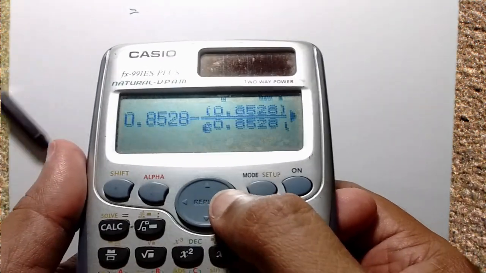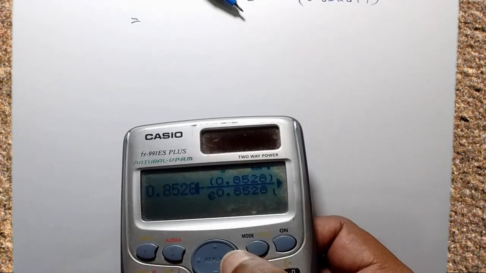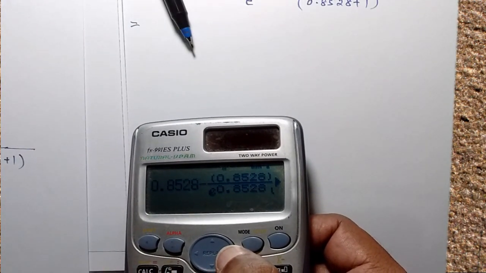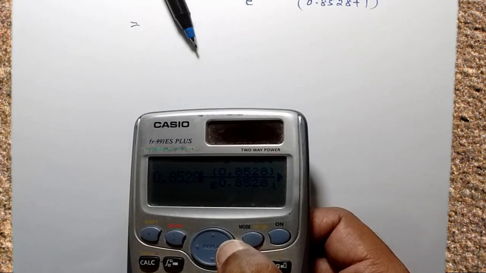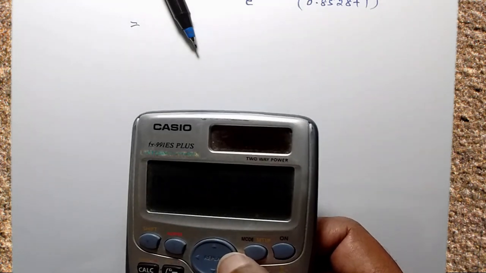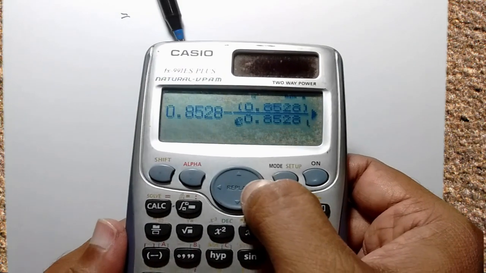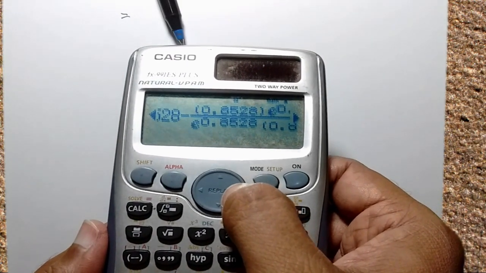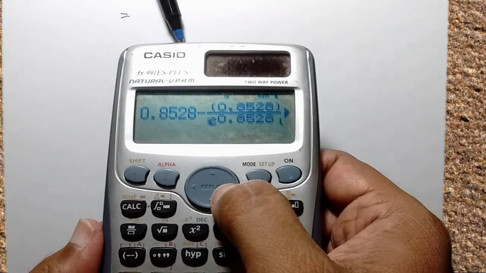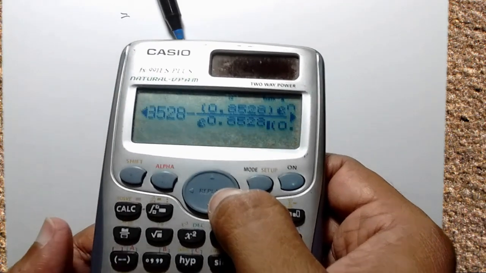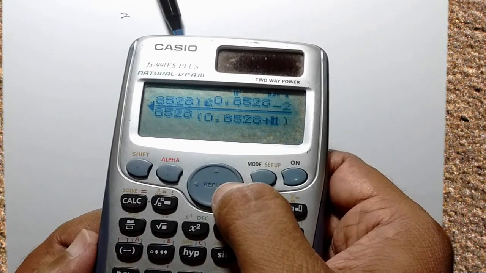Just check, I have typed in 0.8528, then minus 0.8528 in the numerator into e power of 0.8528 minus 2, in the denominator e power of 0.8528 into 0.8528 plus 1.